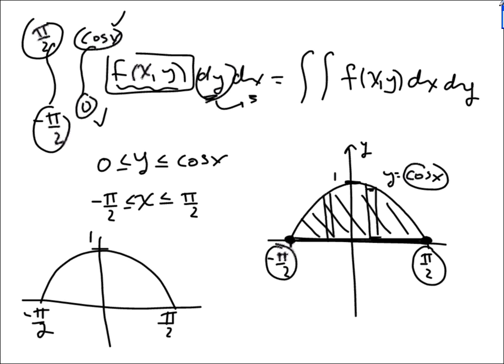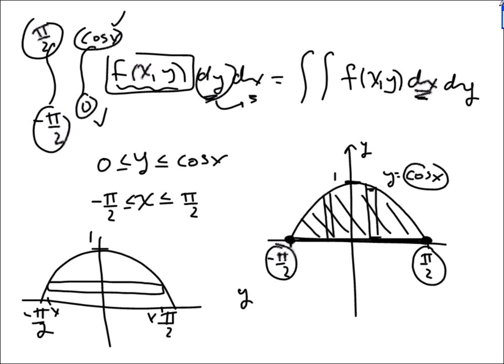So negative pi over 2 to pi over 2. Now, I want to change the limits. I want to talk about x first. So I go from here to here. And the question is, this is some x value, and this is another x value. But I want to write x in terms of y.